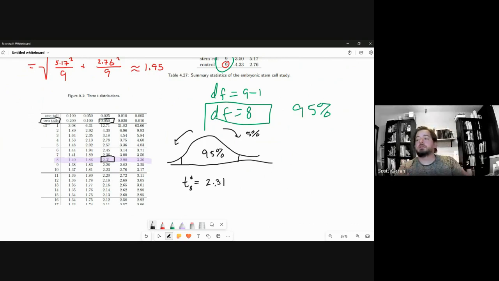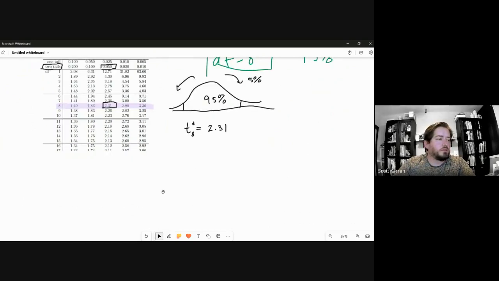I can now create my confidence interval using this.